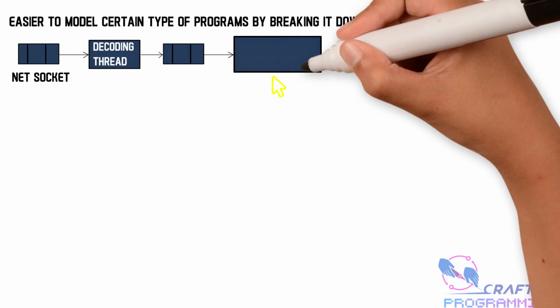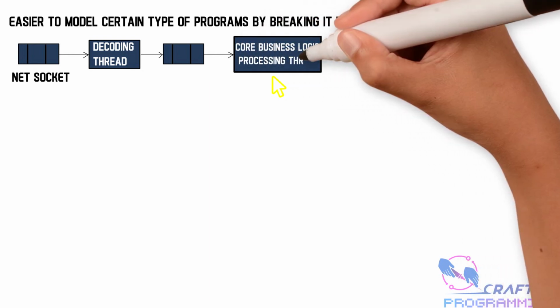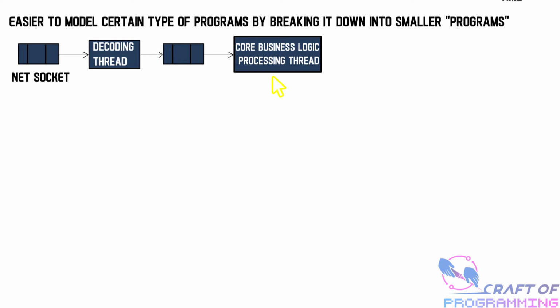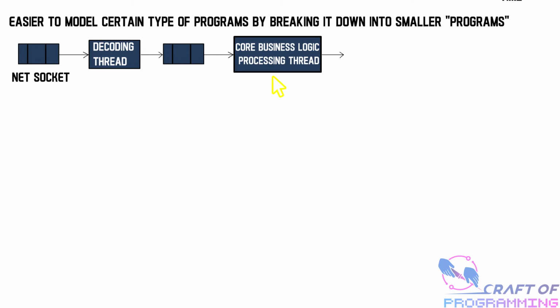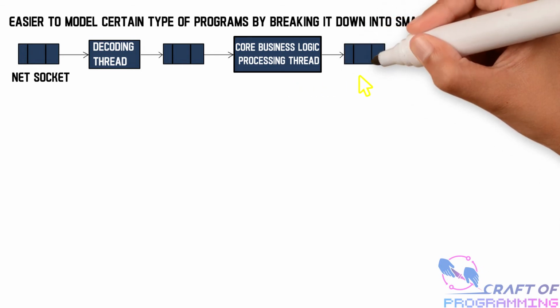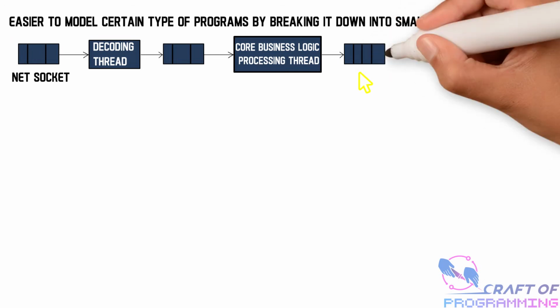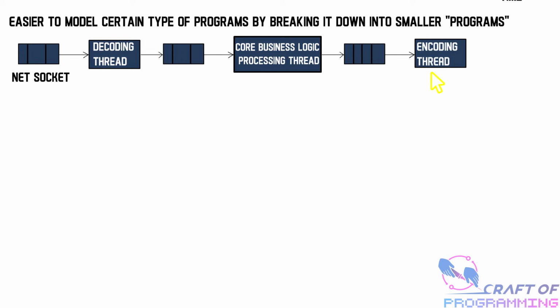Then there is another thread that is responsible for the main business logic of the program that gets those messages or requests off of this queue, does the actual processing, and then writes the response onto another queue, which then gets picked up by an encoder thread, which encodes this response back onto the network socket.